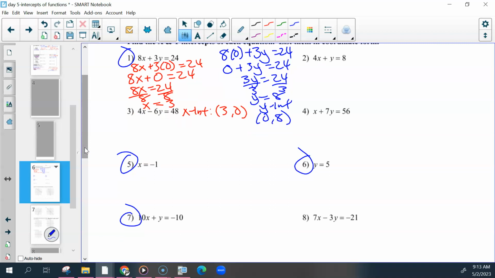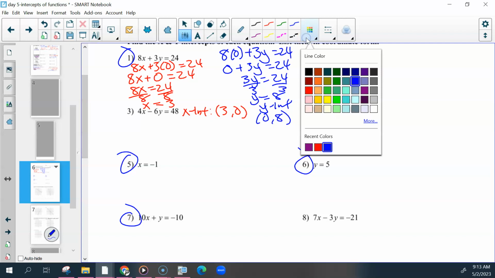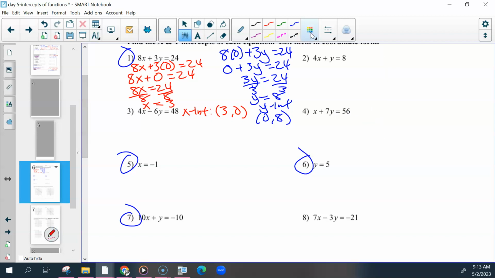For number 5, I'm going to start with the x-intercept since this is an x equation. That is your x-intercept. So -1, 0. Because this is a vertical line, it's an x equals, so it has to be a vertical line at -1.